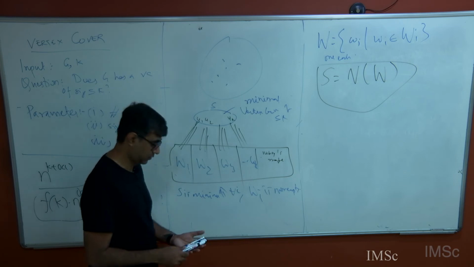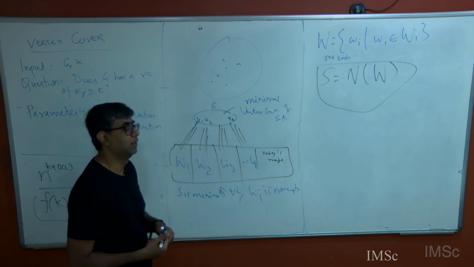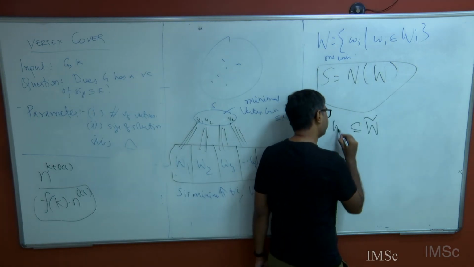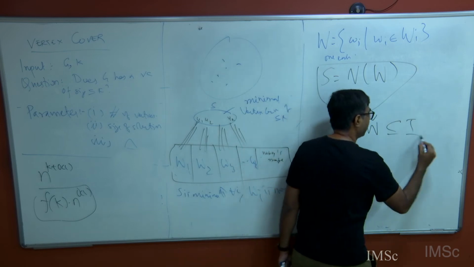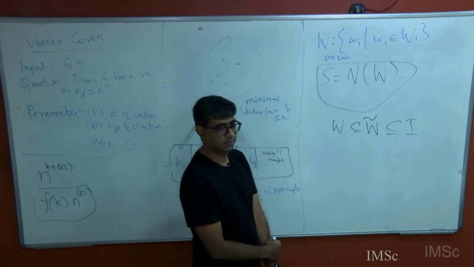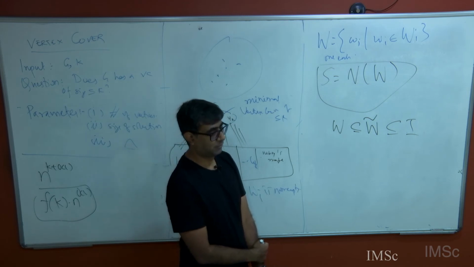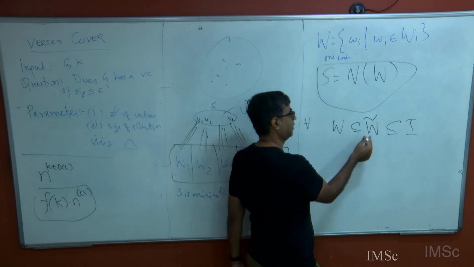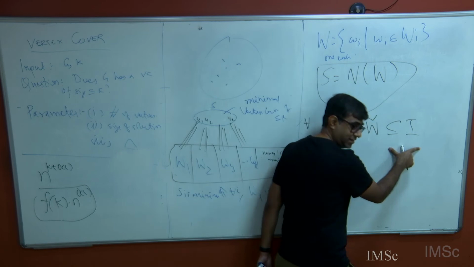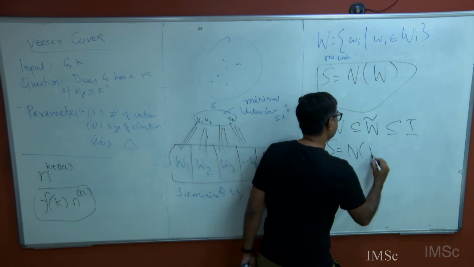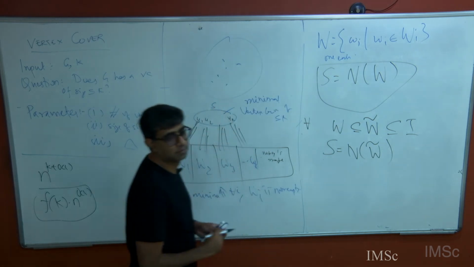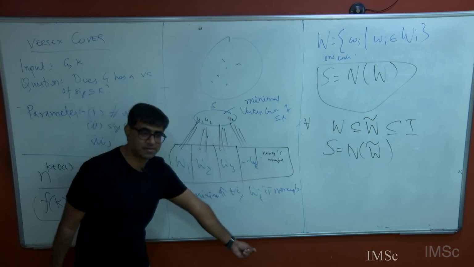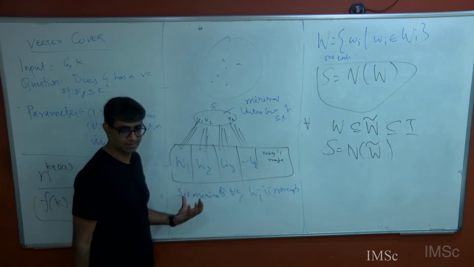In fact, now if I knew this W, look at any W tilde which is contained inside I and contains W. If I gave you this property, then what happens? Can I say the same thing? I claim to you for all W tilde which contains W and contained inside I, S equals N of W tilde, because where are these guys' neighbors? Here only, no, because it's an independent set. So I'm using the property independent set.